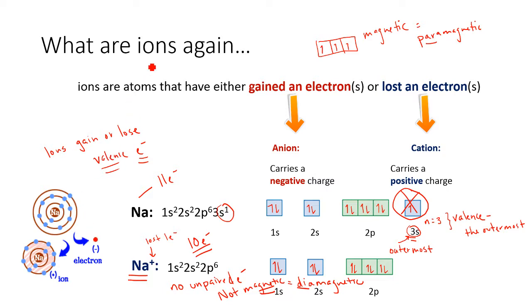Ions typically form so that they can feel like noble gases. They don't become noble gases, but they have electron configurations matching those of noble gases. So ions typically, not always, but typically form to gain electron configurations similar to those of noble gases.